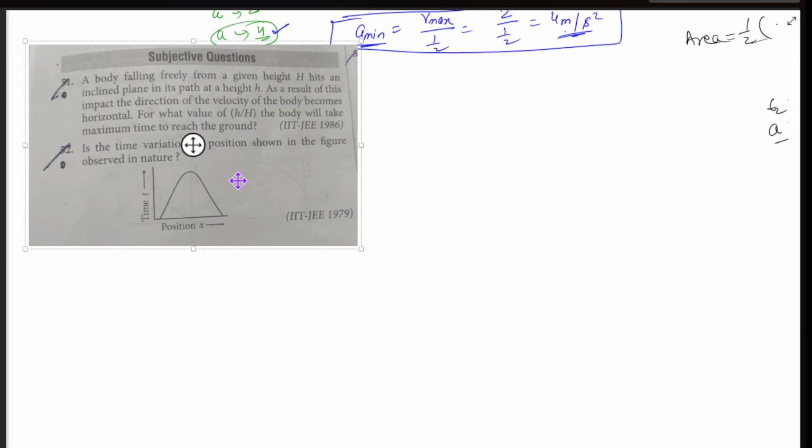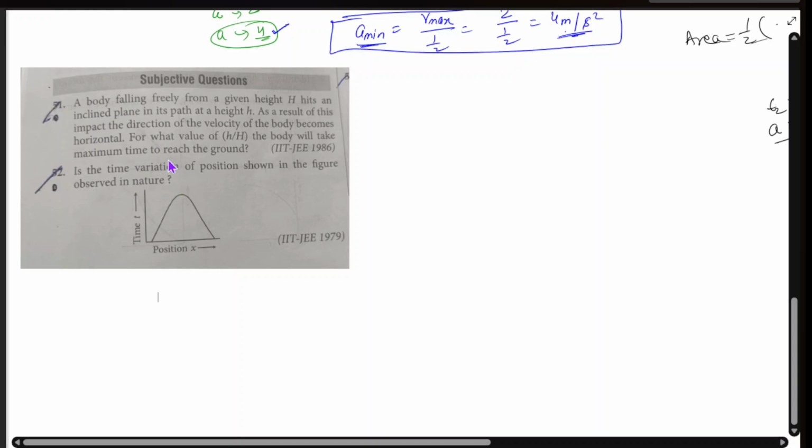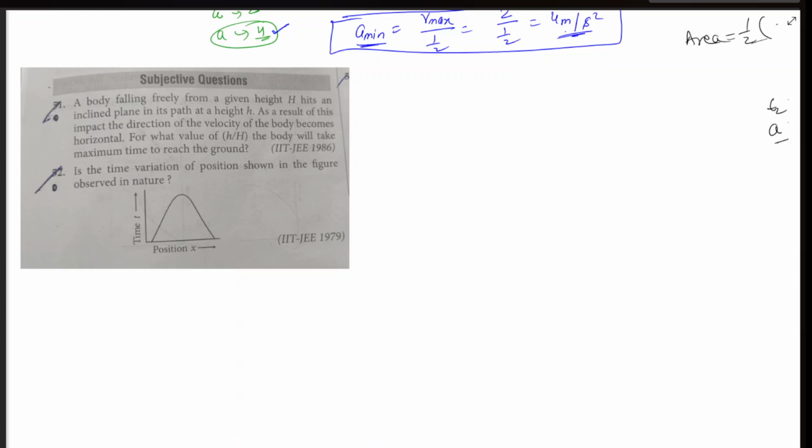So we can solve them. In this question, equation of motion will be used, right? Equation of motion will be used.